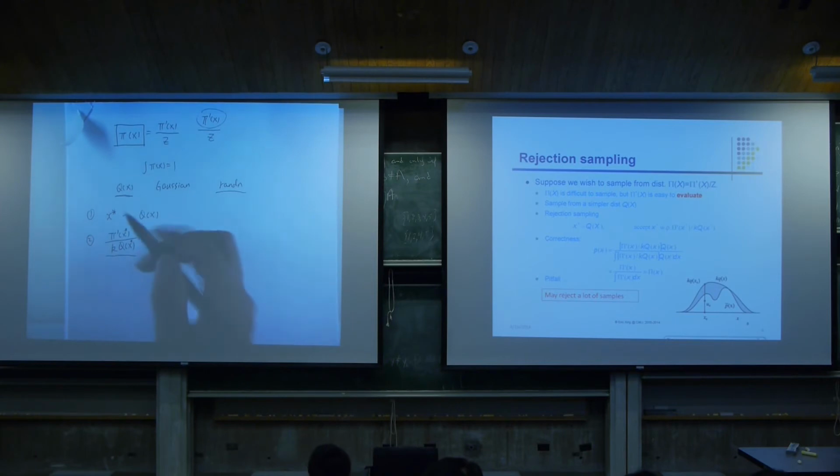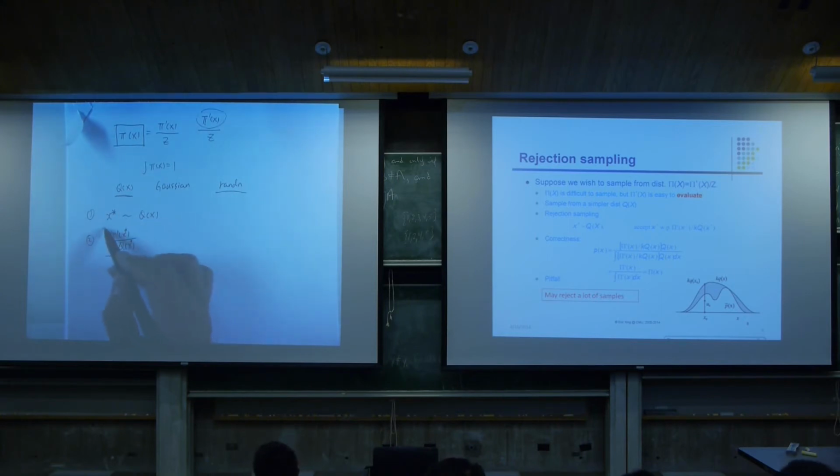So after you get a sample x star from Q(x), you plug x star into this equation and get a probability which is less than or equal to 1, because we will pick a k to make sure k Q(x star) is always bigger than π'(x star).